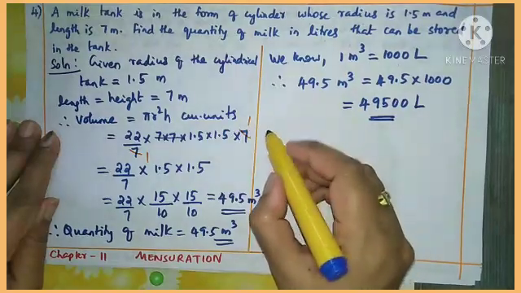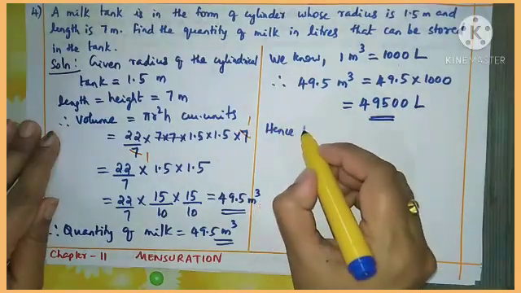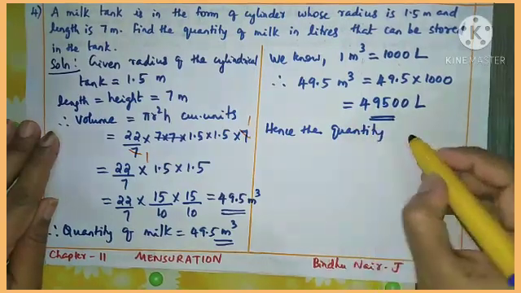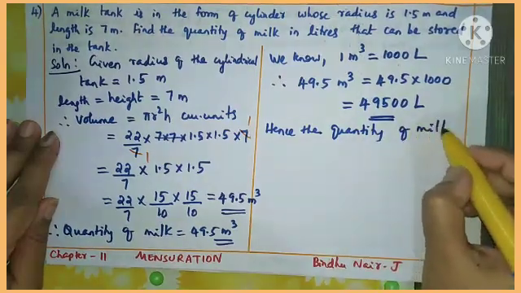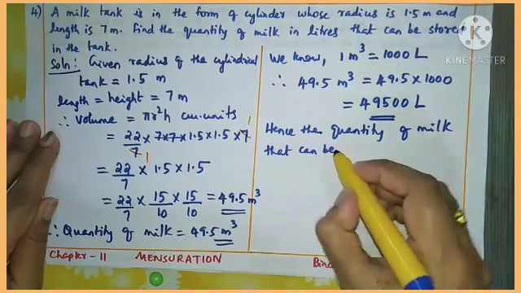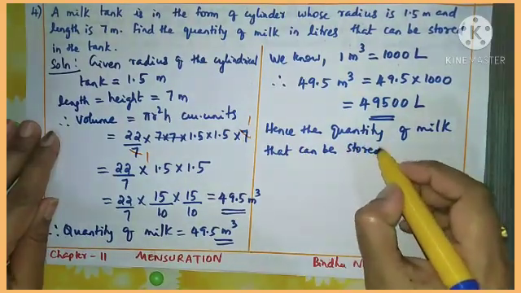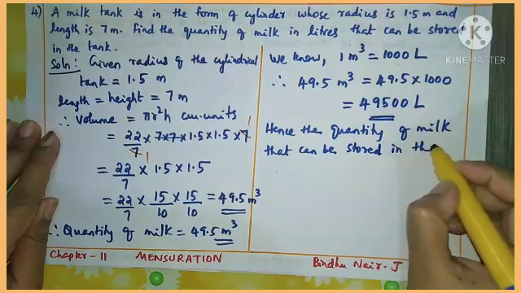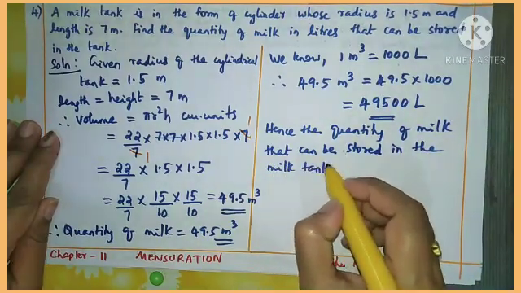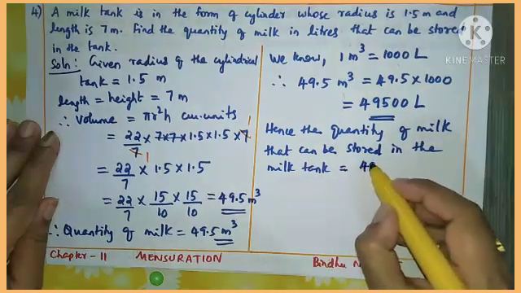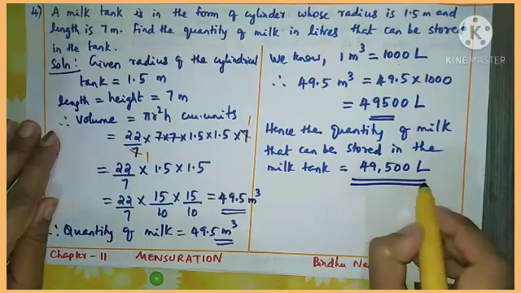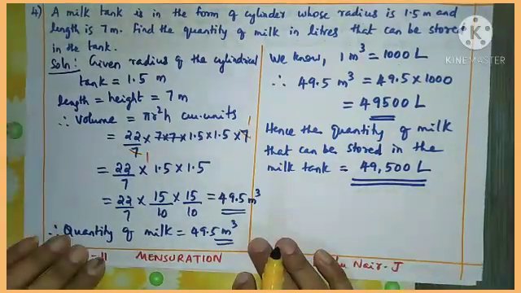So finally, hence the quantity of milk that can be stored in the milk tank is equal to 49,500 liters. So this is the required answer of the problem.